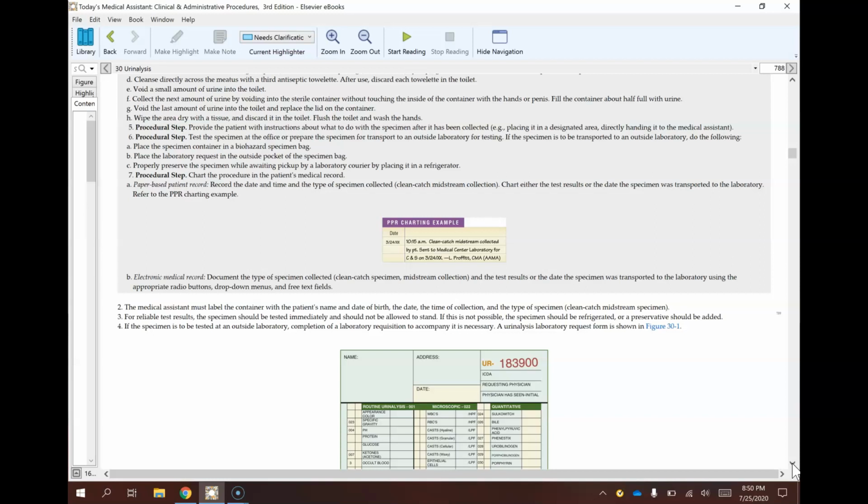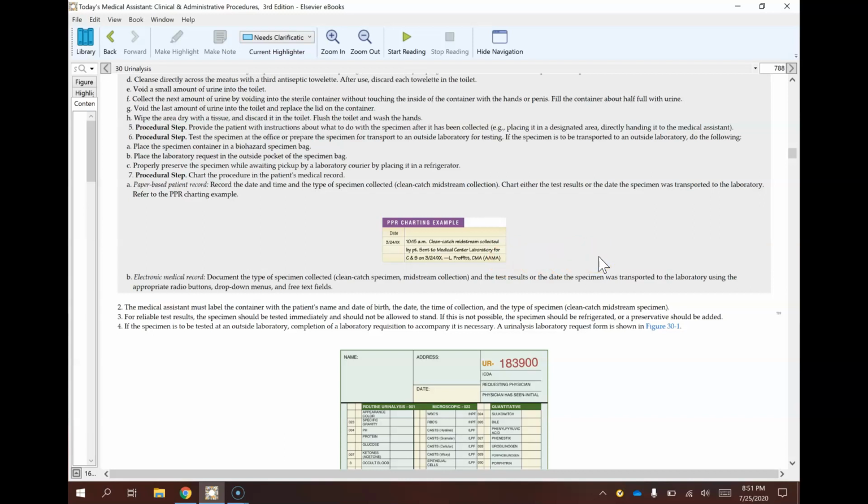Very important is that paper charting. Most places have the electronic health record, but there are times when your electricity goes out and your computers don't work and the backup generators aren't working. So having familiarity with how to paper chart is very important.